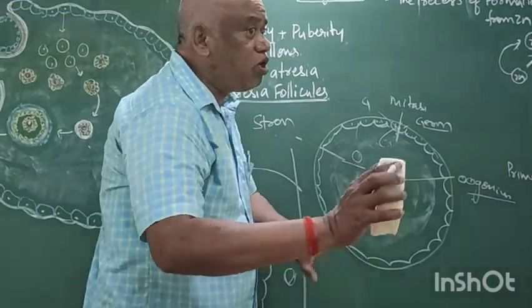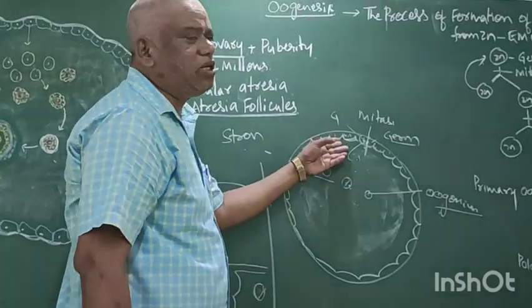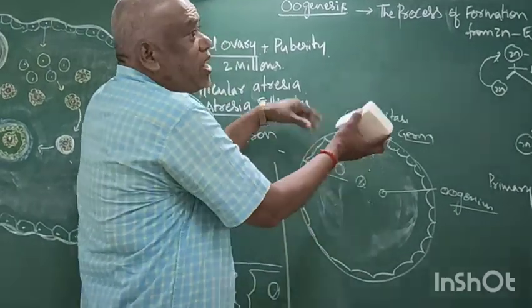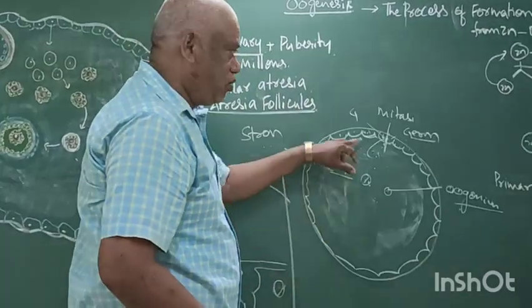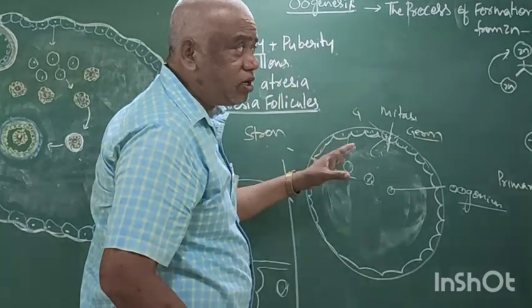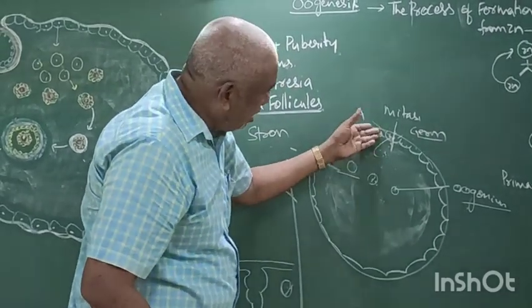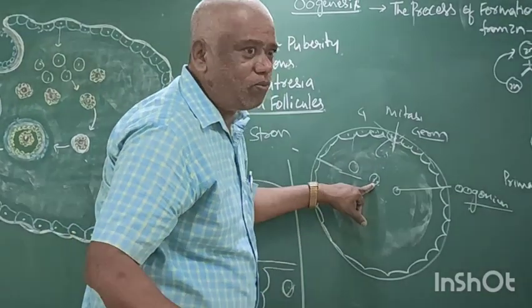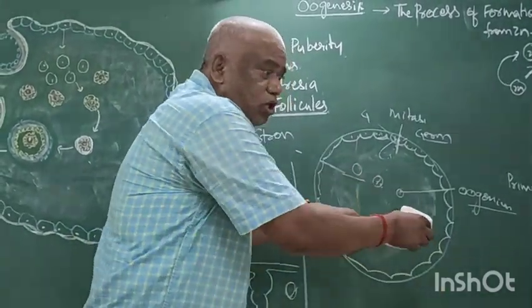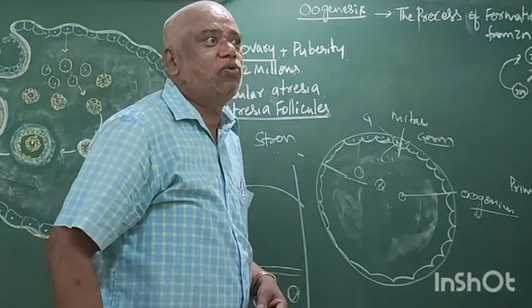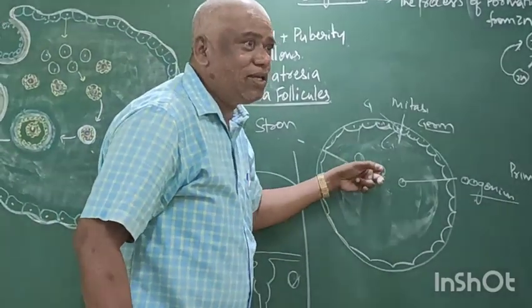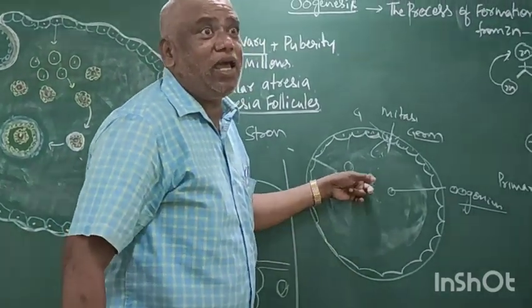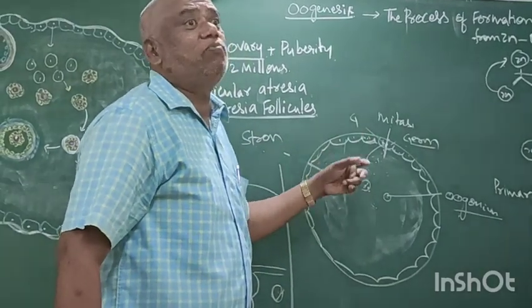Without oogonium, there is no egg. One germ cell remains as a germ cell, and the other becomes the oogonium. From this oogonium, oogenesis continues. Hence it acts as the egg mother cell, EMC.